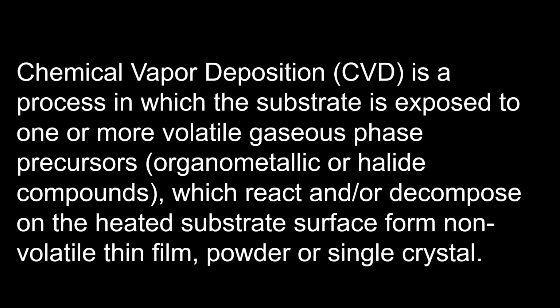The CVD process is a process in which a chemical reaction takes place between chemical reactants or precursors on the surface of the substrate, and due to the chemical reaction the precursor materials get decomposed and convert on the surface of the substrate into a thin film, powder, or single crystals.